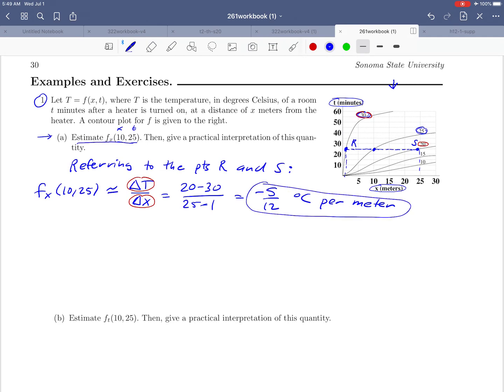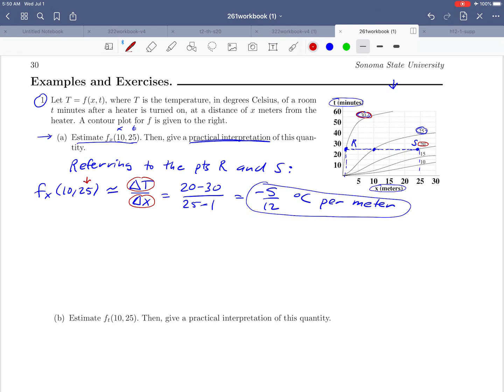We've estimated the derivative, but they'd also like us to give a practical interpretation. What does this derivative that we just calculated mean in words? Well, the first thing we might want to point out when we're explaining this derivative is that this is a derivative in the x direction. So that means that the t variable is constant.